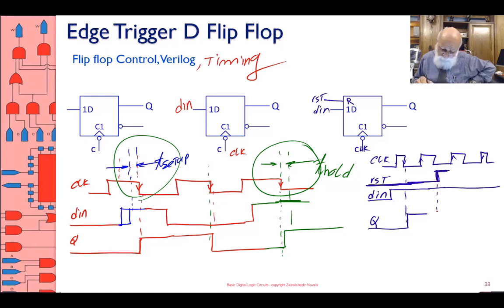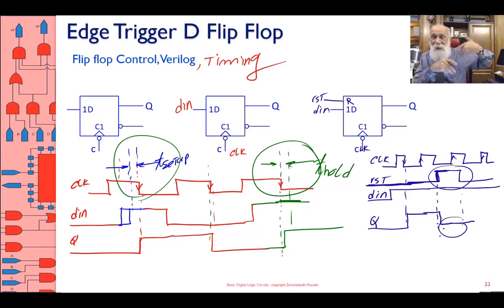As soon as reset becomes 1, it doesn't require the clock or anything. Q goes down to 0. Even if reset goes back to 0, Q remains 0. So for the entire time that my reset is active, my Q is 0 and remains 0 unless something else brings it back to 1.